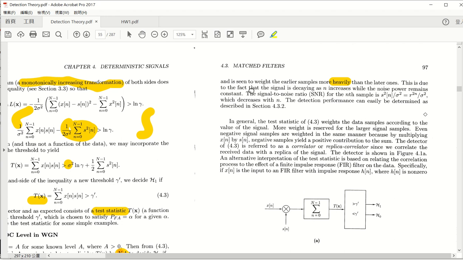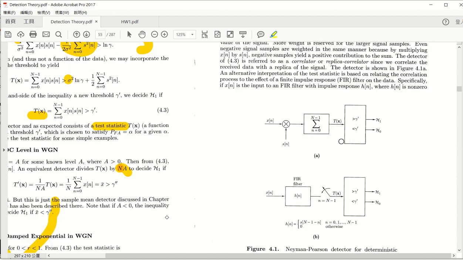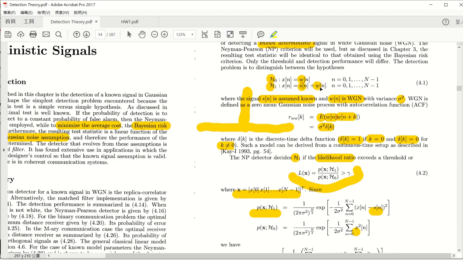And this is due to the fact that the signal is decaying as n increases while the noise power remains constant. The signal to noise ratio for the nth sample is s squared n over sigma squared, right? Because if we recall, the noise here has variance sigma squared, but it does not relate to n.